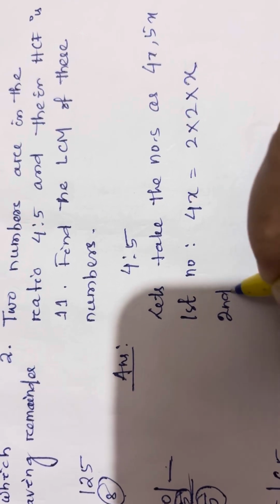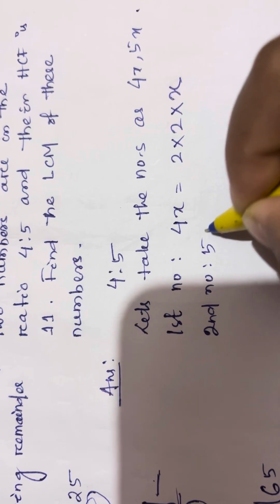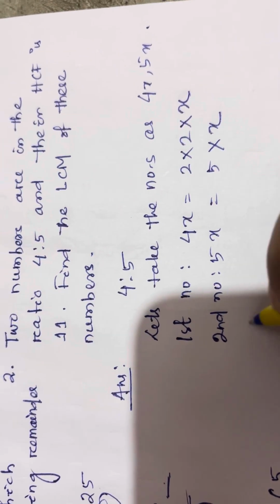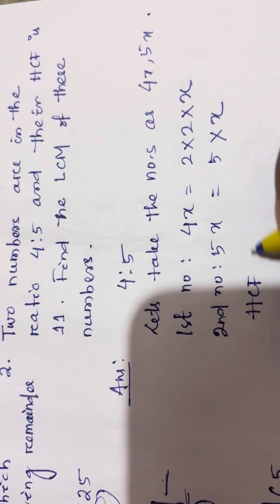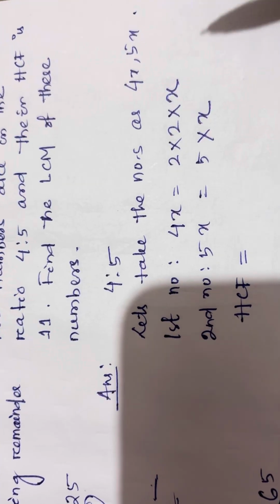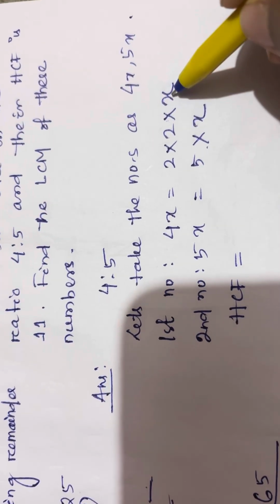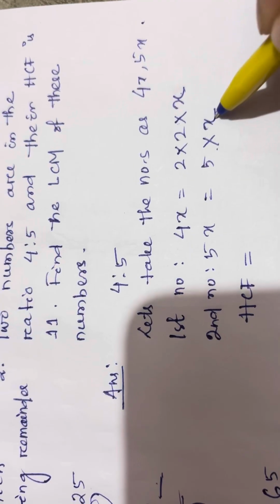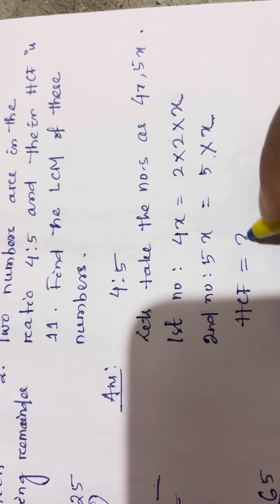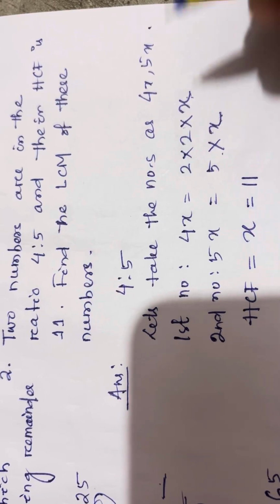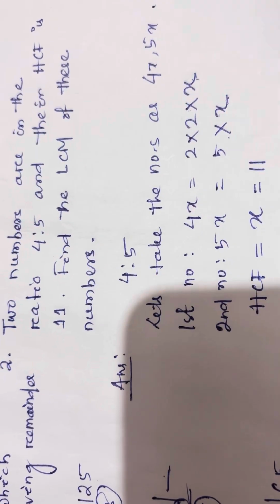Then the second number, 5x. Can I write 5 into x? Then HCF is given as 11. Afterwards we will write 11, but look at the pattern of these numbers. Look at the factorization. What is present in both? x is present in both. So HCF is equal to x here. And what is x? That is given as 11 in the question, because HCF is equal to 11.